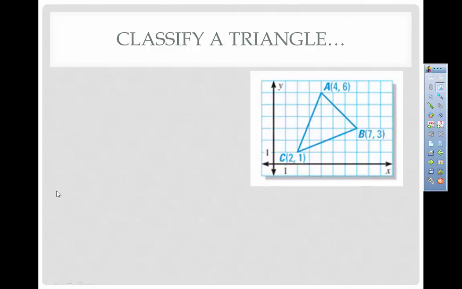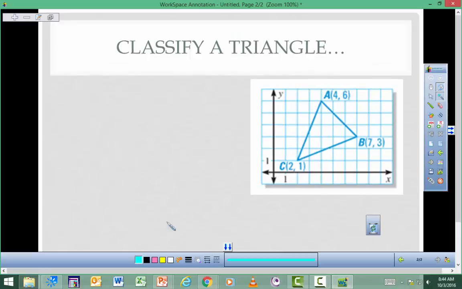So you're going to get some problems where they're asking you to classify a triangle. They're asking you to classify it by using the distance formula, because it might be isosceles. It may be that this side is equal to this one. So there's three things.